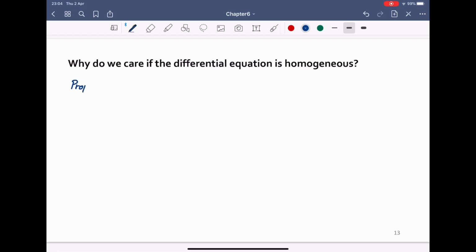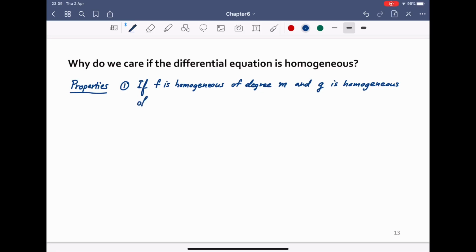First, I'm going to introduce you to some properties. Property number 1: if f is homogeneous of degree m and g is homogeneous of degree n, then f over g is also homogeneous of degree m minus n. That is property number 1.